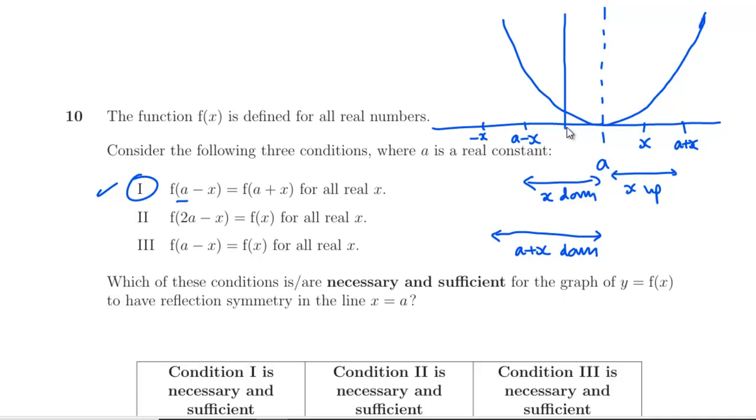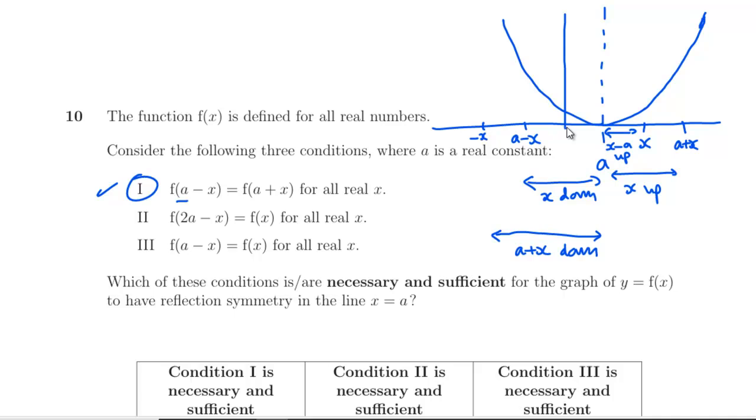Now the 2a minus x and f of x. I can do the same thing. The difference here of x from a is x minus a. That's that distance up.